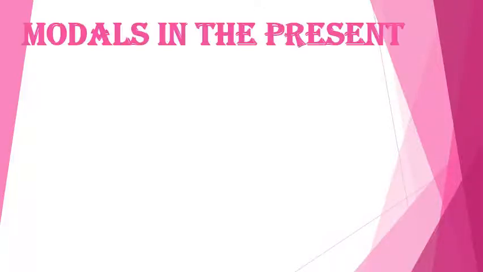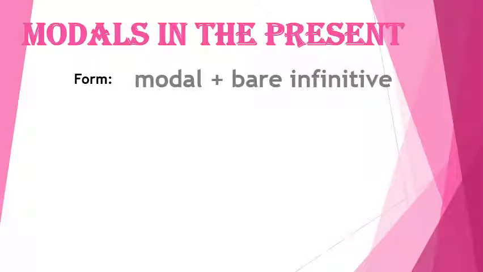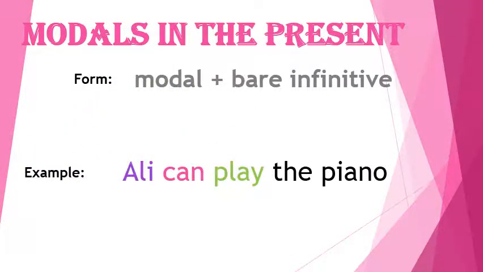So let's first see how modals are used with sentences in the present tense. Normally these modals are always followed by a bare infinitive when they are expressing a present situation. Example, Ali can play the piano. In this sentence the modal can is followed by the verb play.